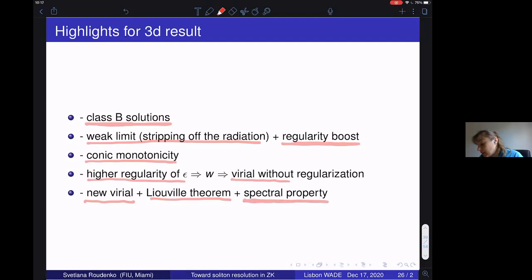But because the soliton is not explicit, we need to check certain things, like for example, the sign of certain expressions numerically, so we get the numerical assisted proof for the spectral property.